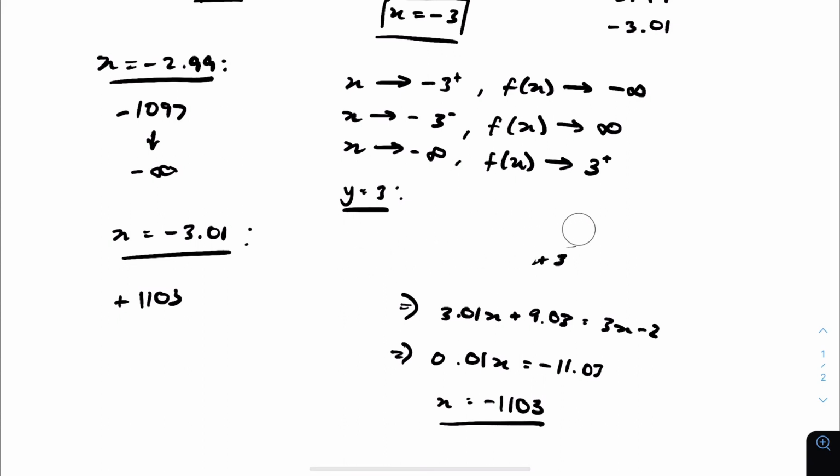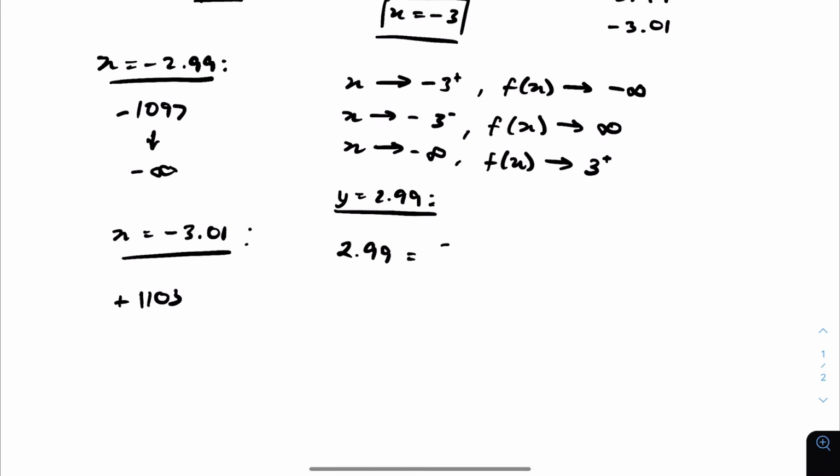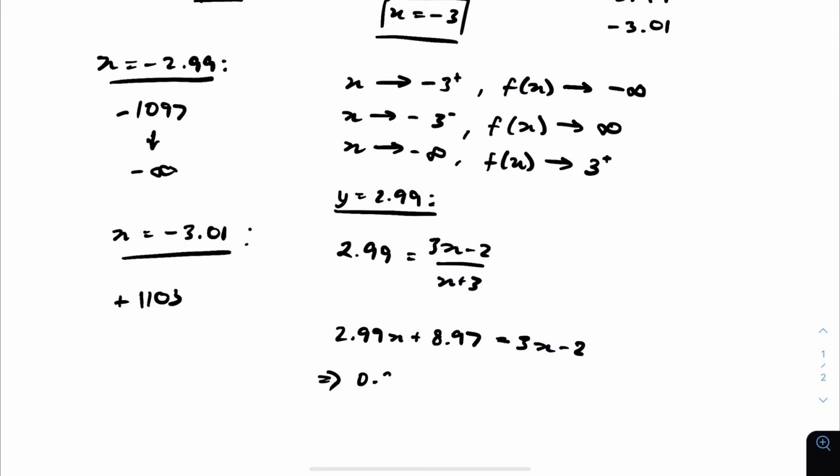And if we were to do this now for our other y value, which is 2.99, we have to solve for x. That gives us 2.99x plus 3 times 2.99, which is 8.97. The specific values aren't what matter. What matters is the direction that the function is going in. If we rearrange, we get 0.01x is equal to 10.97.